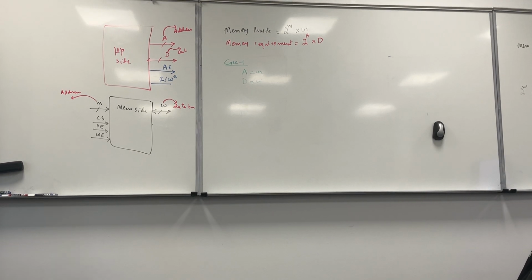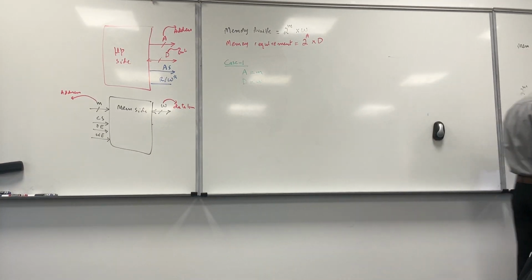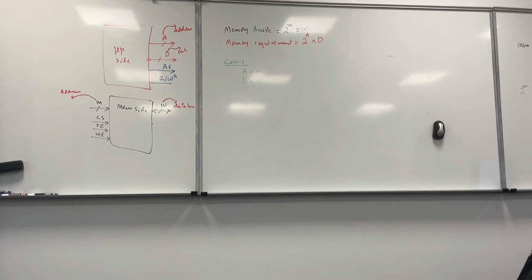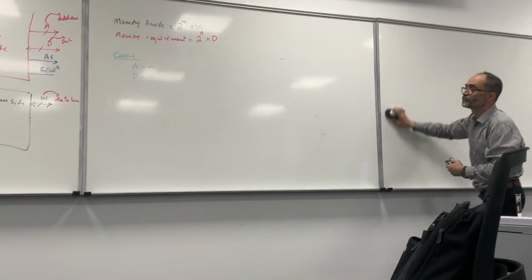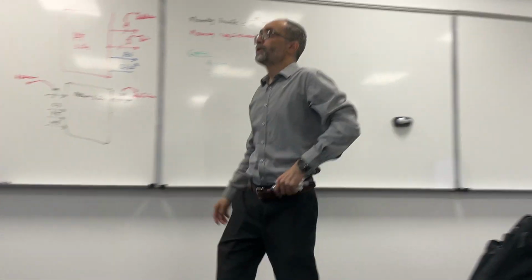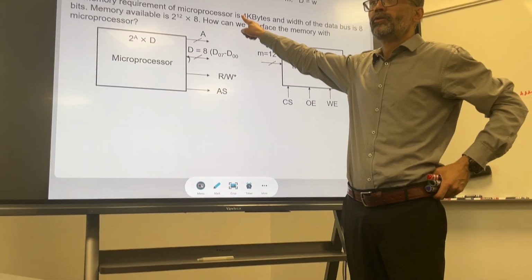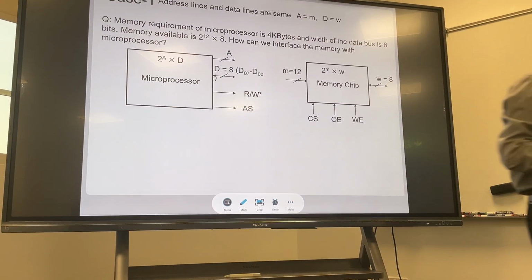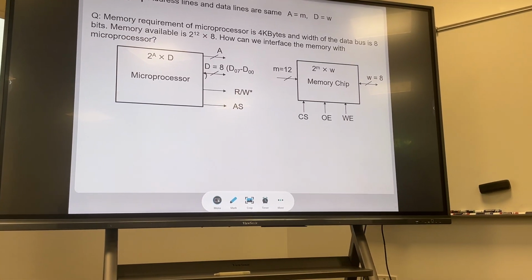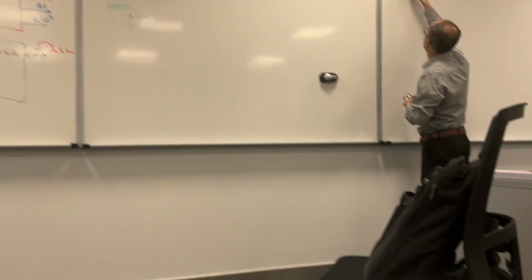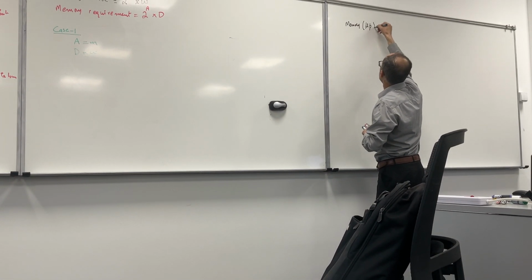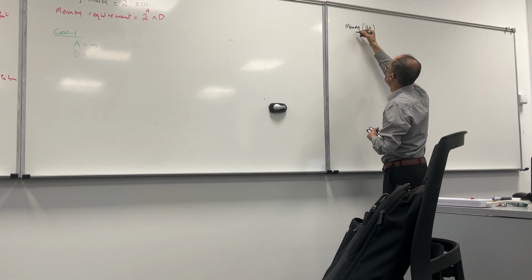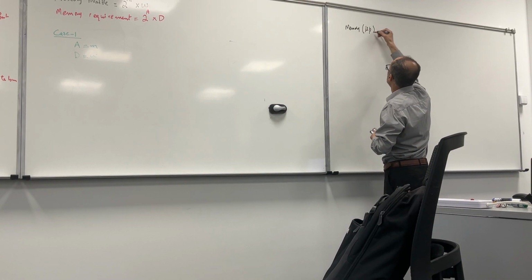We will do it with one example. What is that example? Let's see. Question: what is the memory requirement of the microprocessor? 4 kilobyte. So the memory on the microprocessor side is equal to 4 kilobyte.